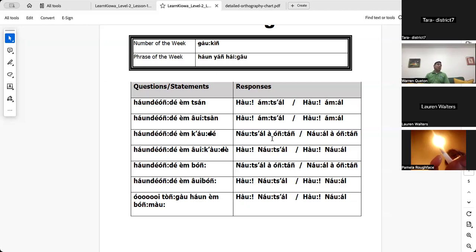But what you don't want to say, and what most people learning Kiowa do, is they won't lengthen that sound, the one that means you. What they'll say is it'll sound like haw, amal. You have to differentiate that sound to say haw, al.